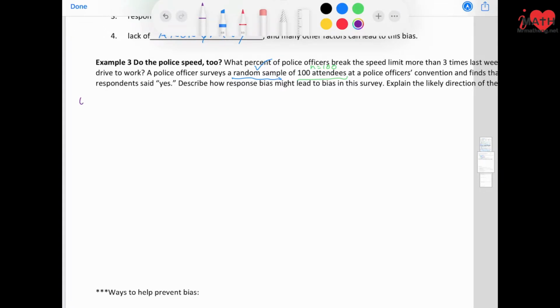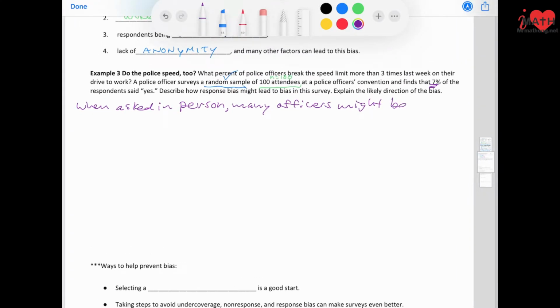So when asked in person, many officers might be embarrassed to admit they break the law.